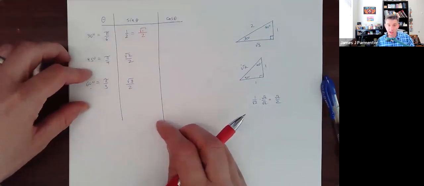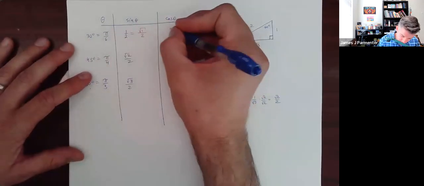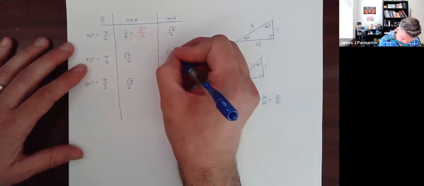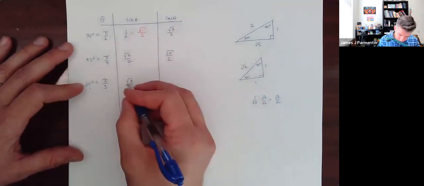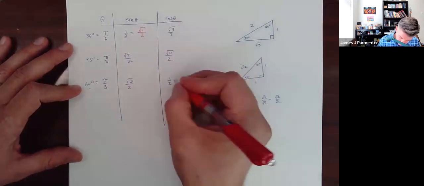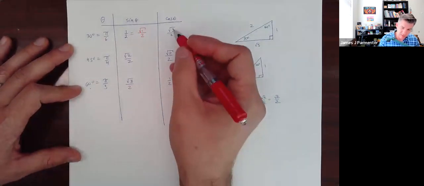And the cosine, it's the reverse. Cosine of 30 degrees is the square root of 3 over 2. Cosine of 45 degrees is the square root of 2 over 2. And cosine of 60 degrees is 1 over 2, which is equal to the square root of 1 over 2. Again, there's this nice pattern of square root of 1 over 2, square root of 2 over 2, square root of 3 over 2.